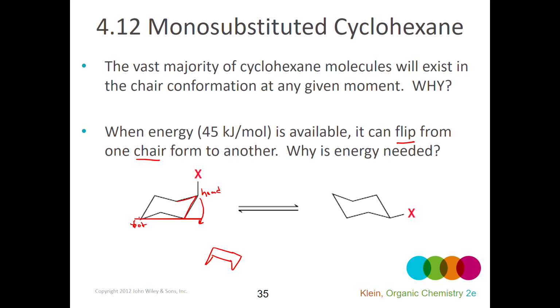Then I take the feet of the chair, I'm rotating these carbon-carbon bonds, and I rotate that up. So the foot becomes the head, and the head becomes the foot. When I do that, any group that's positioned in an axial position will become equatorial, and vice versa.